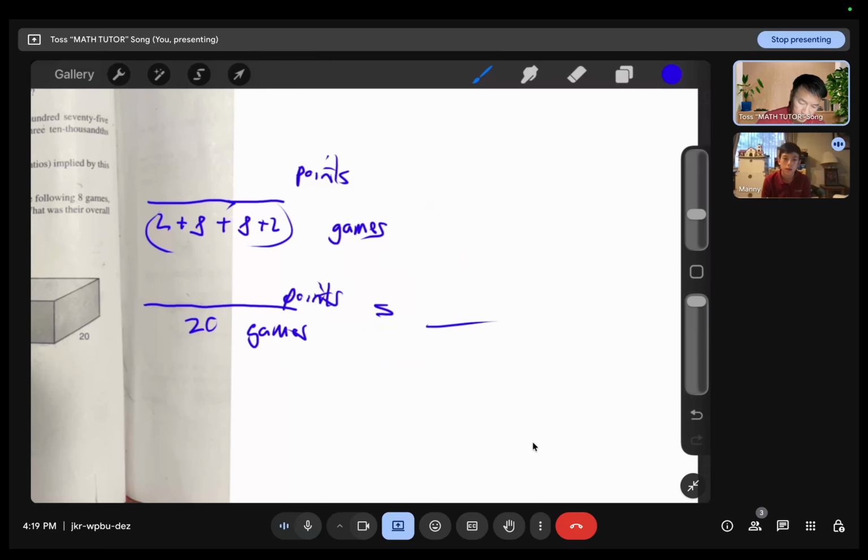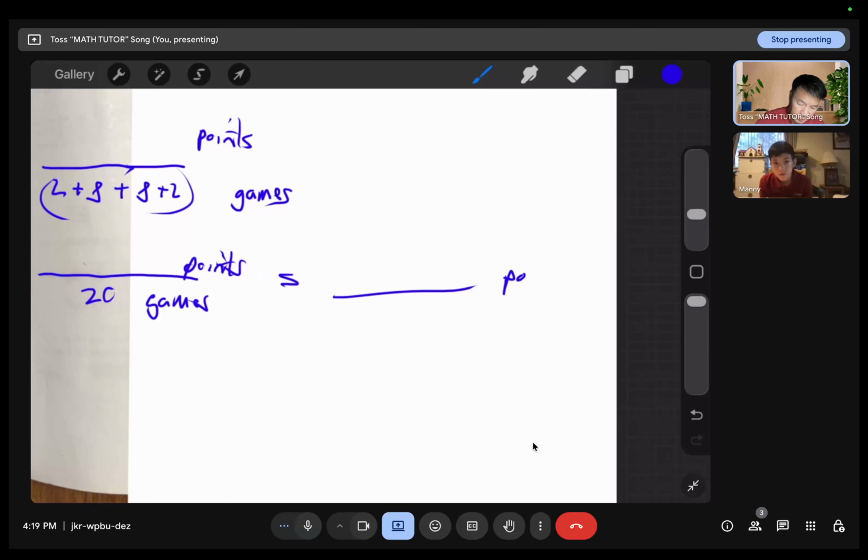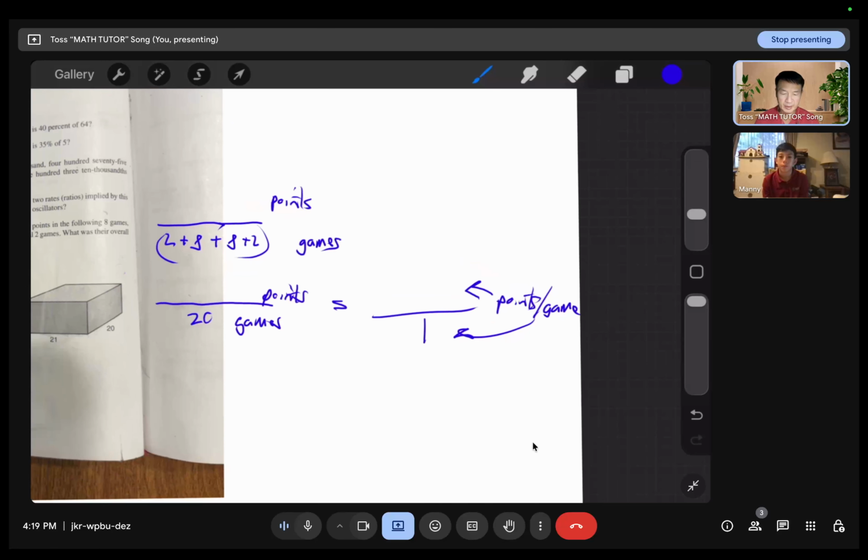So in the end, it will be this. The numerator, points per game. When we divide it, we'll get a 1 on the bottom in a moment, but we need to get the top right. Do you get where I'm heading? It'll be per game. One game, and the points on top, whatever the points is. But how do we get the points per game?